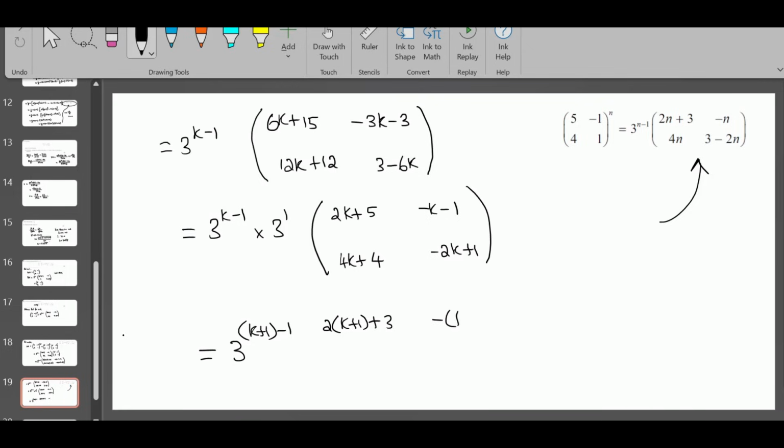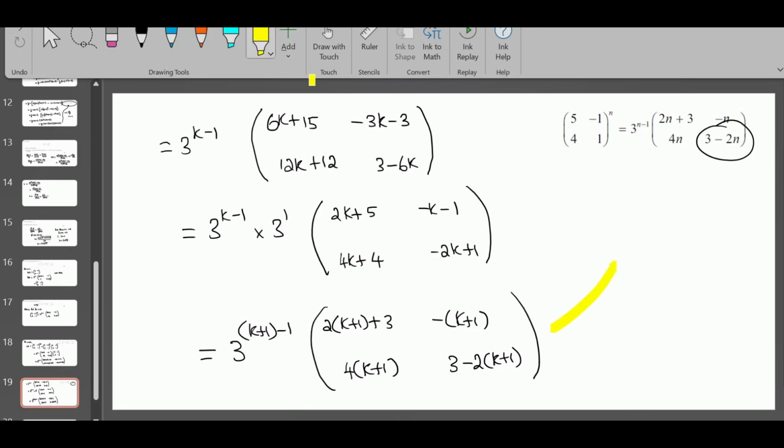And then minus of k plus 1. I'm writing every element in terms of k plus 1. 4 times k plus 1. This I can write as 3 minus 2 times k plus 1. If you ask me how I know that, just look at this element. Replace n by k plus 1. Even if you open the bracket, you will get this term. So I have written everything in terms of k plus 1.